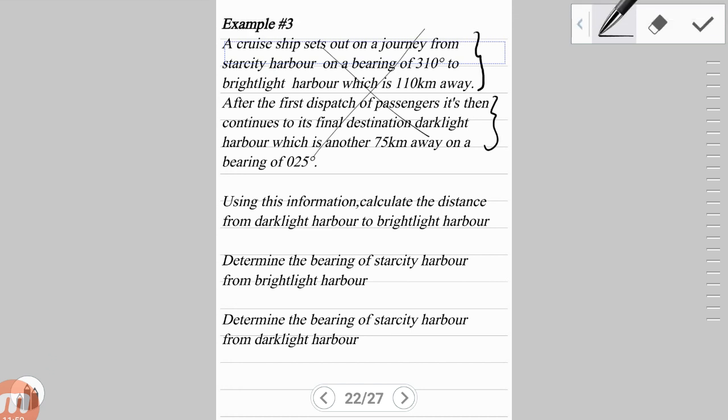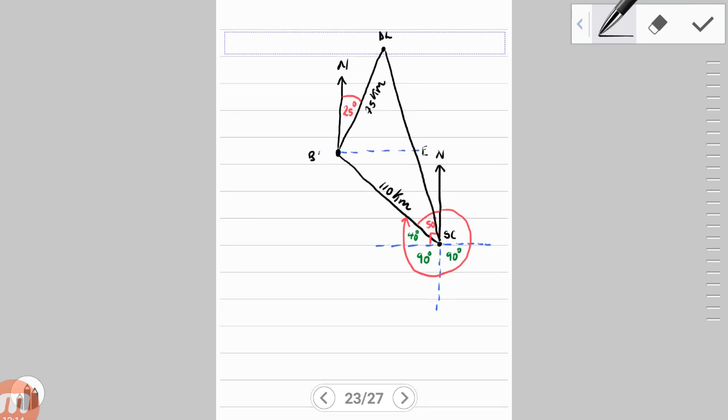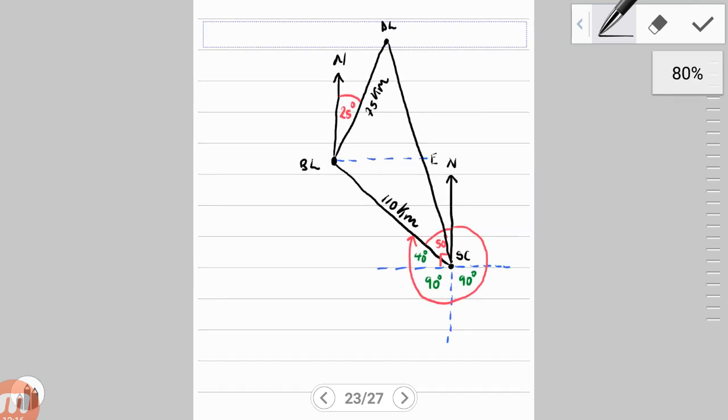Let's now have a look at what is required for us to find based on what we have drawn. It says use this information to calculate the distance from Dark Light Harbor to Bright Light Harbor. So we need this distance here, because this is Bright Light Harbor. We are literally looking for the distance from here to here.